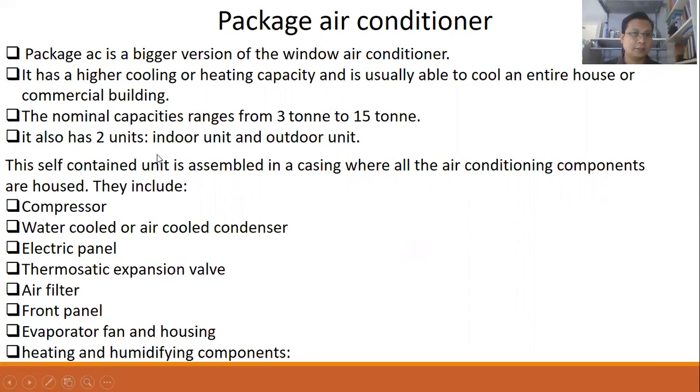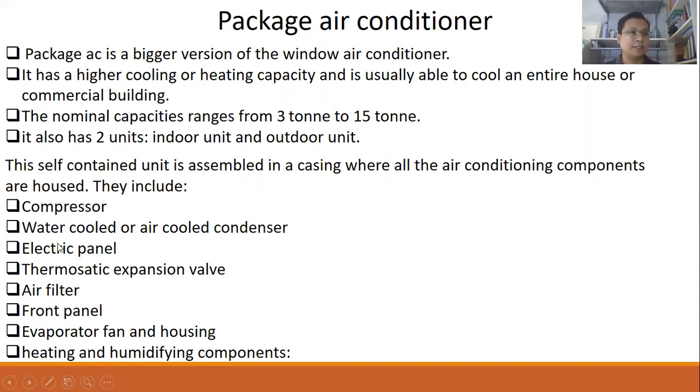It also has two units, an indoor unit and an outdoor unit. This self-contained unit is assembled in a casing where all the air conditioning components are housed.